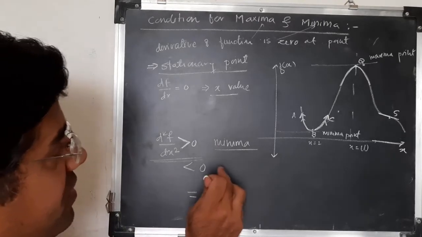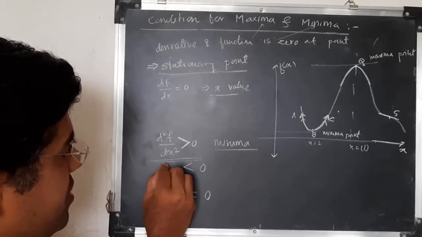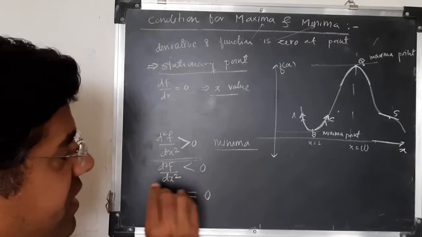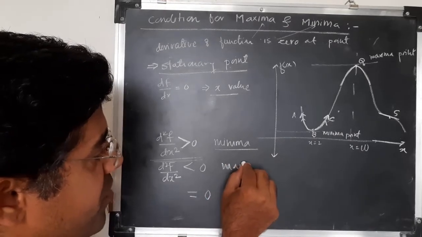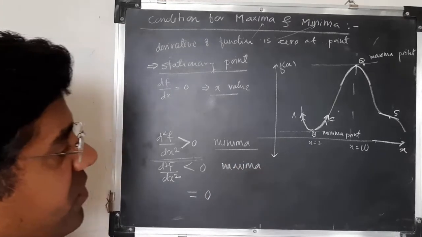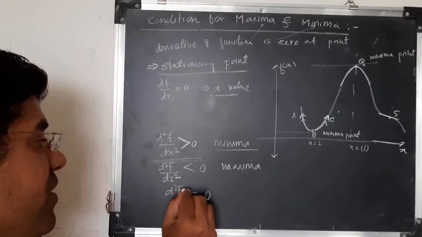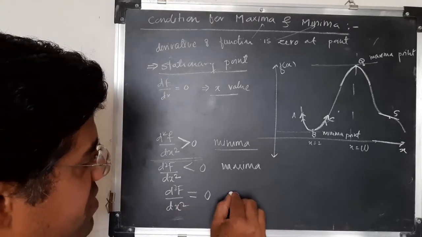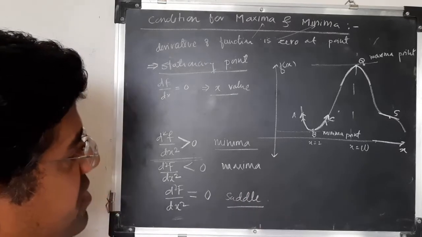If d2f by dx square is less than 0, then the point is a maxima. And if d2f by dx square is 0, then this is nothing but your saddle point or stationary point.